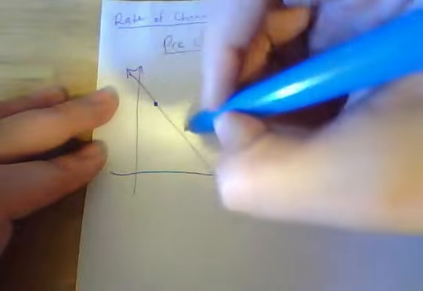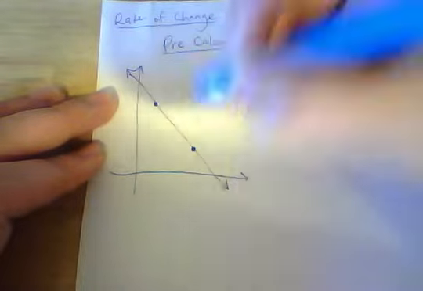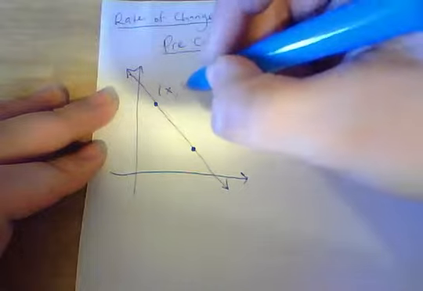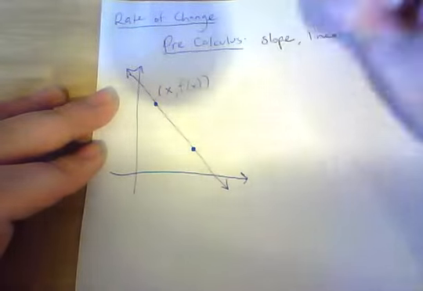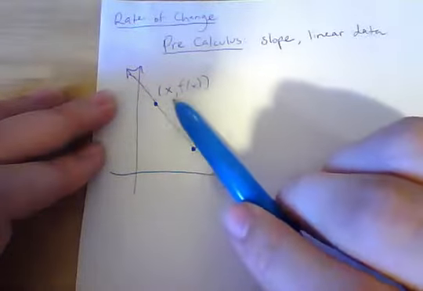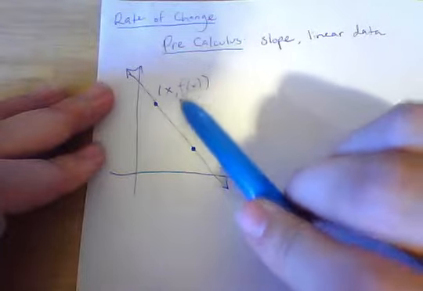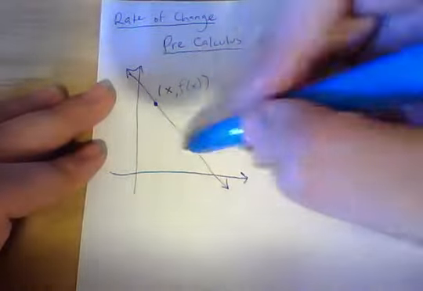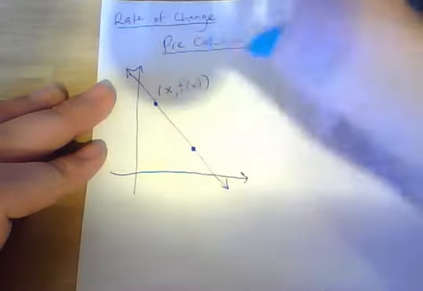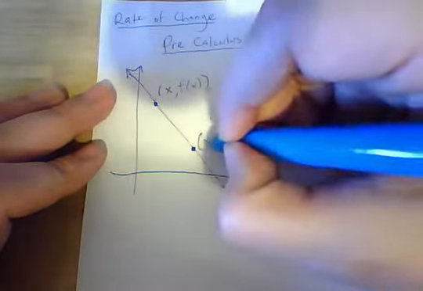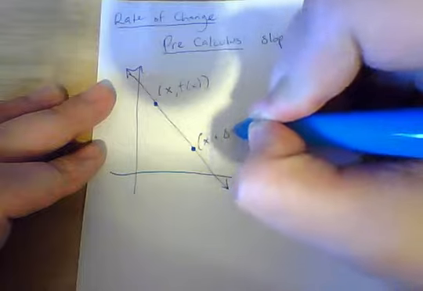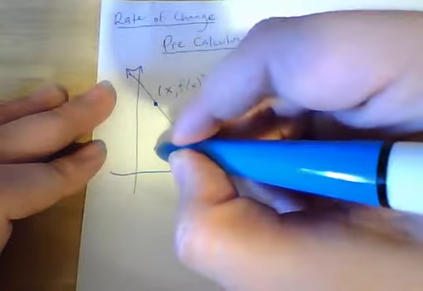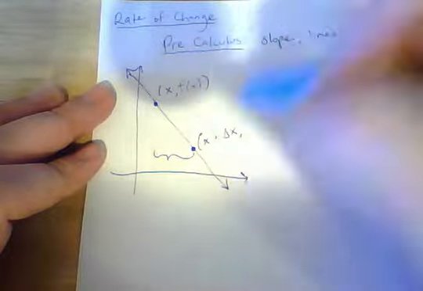So we would have any 2 points, and the first we would call our x and our f of x value. We would have an x value, and then we would put that into our function and get our y value, or f of x value. And then our second point we could call x plus the change in x, because you'll notice from this point to this point there was a change in our x values.